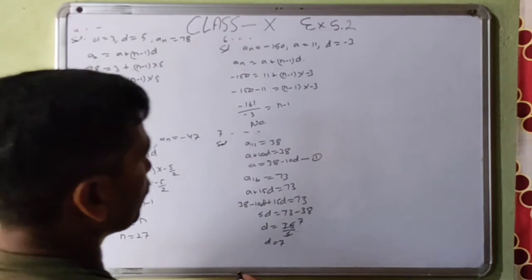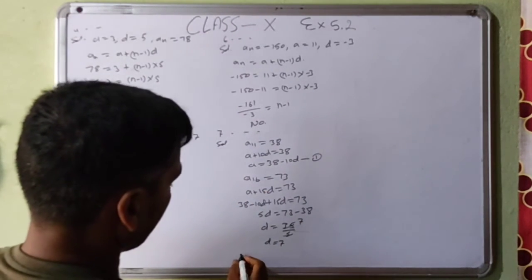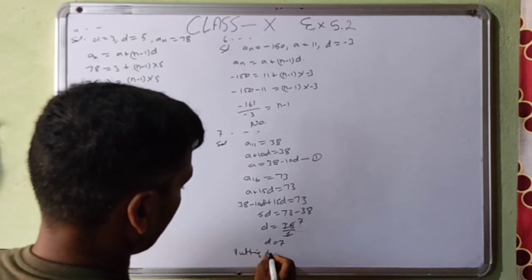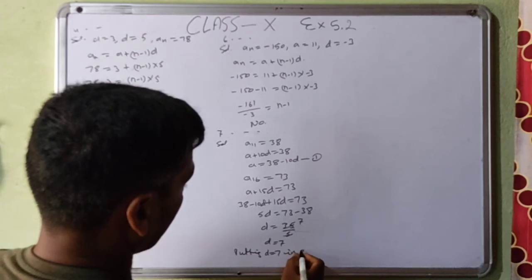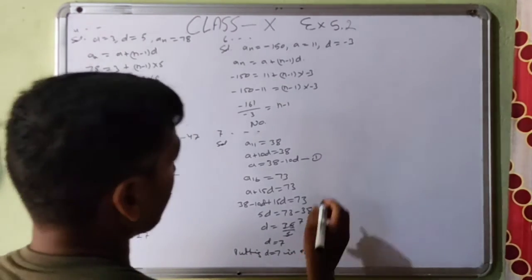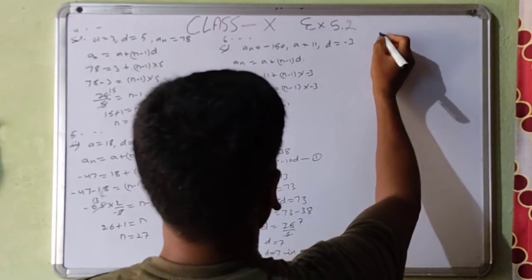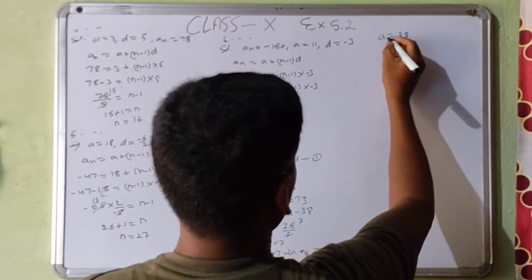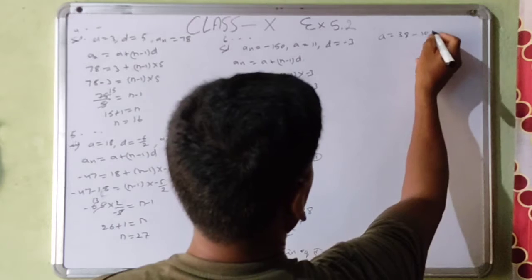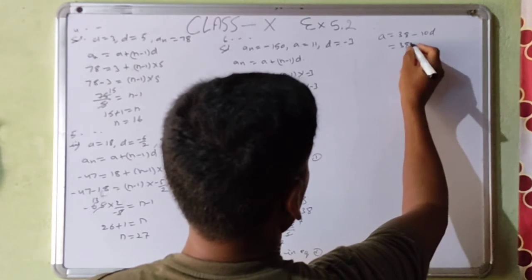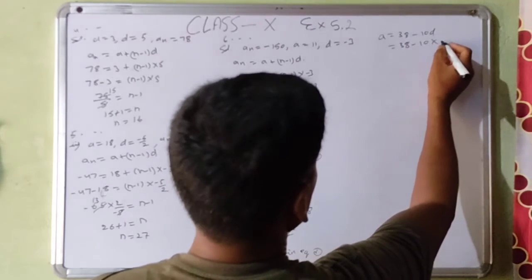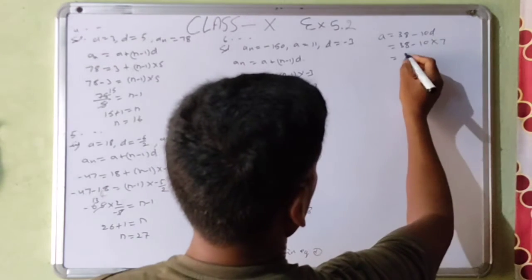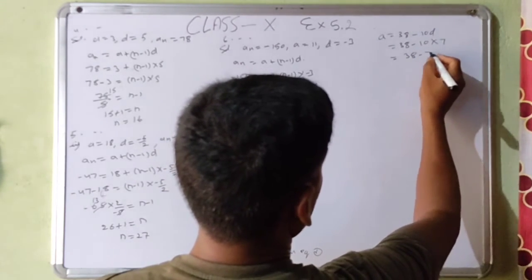Now we will find the A also. Putting D equal to 7 in the first equation, A is equal to 38 minus 10D. So 38 minus 10 into 7, that is 38 minus 70.